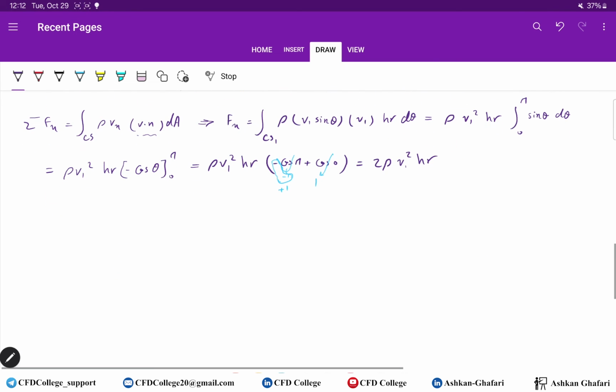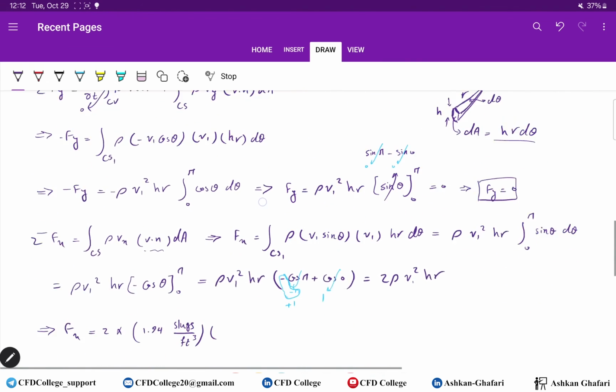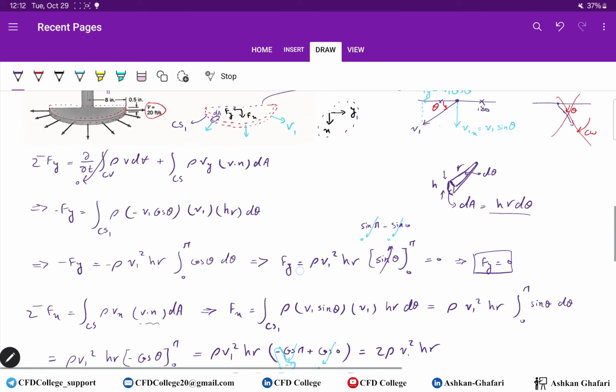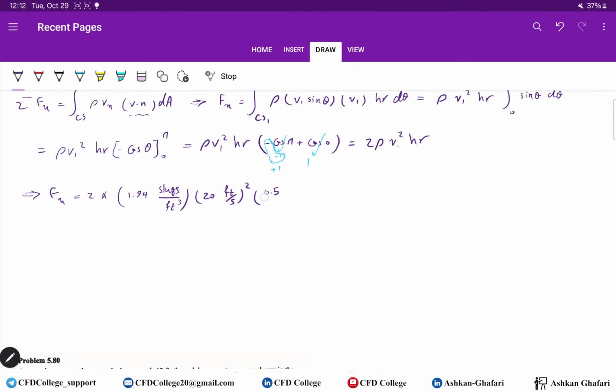And now you can solve this problem. Fx equals rho, 1.94 slugs per cubic feet, times V1 square, V1 the exit velocity, which is 20 feet per second, squared, times h, the thickness 0.5 inches, 0.5 divided by 12 feet, don't forget that.